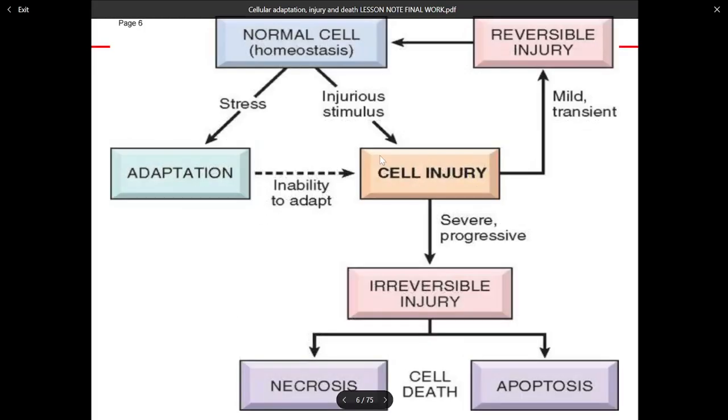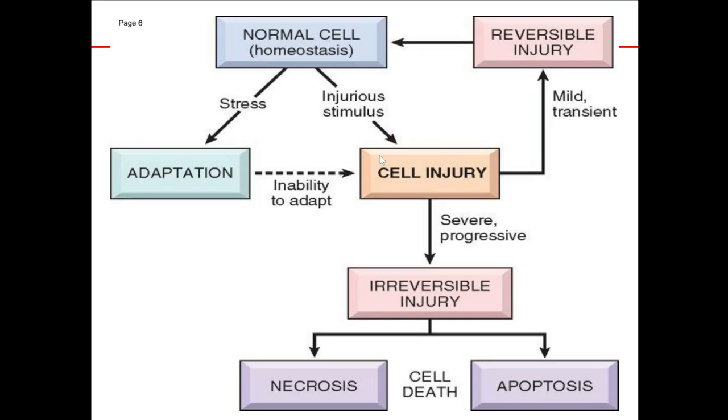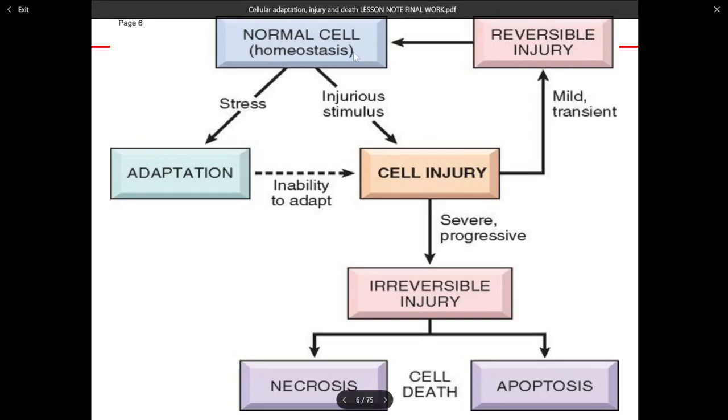So this is just a diagrammatical representation of homeostasis in the body. Now, when a normal cell undergoes stress, the cell undergoes adaptive responses. So it undergoes adaptation. When the cell loses its ability to adapt, it slides into cell injury.